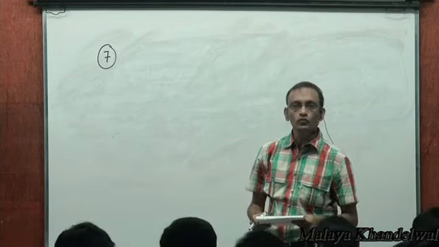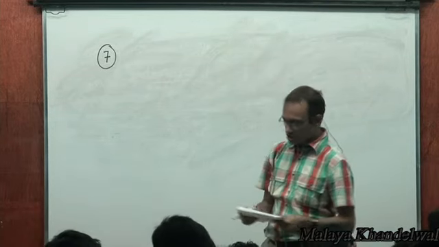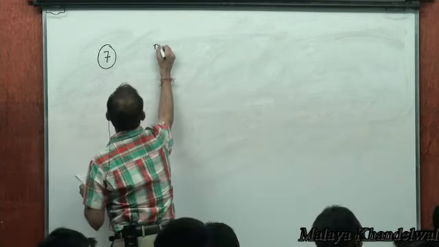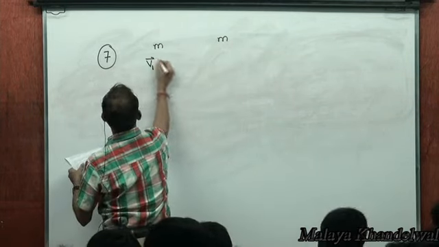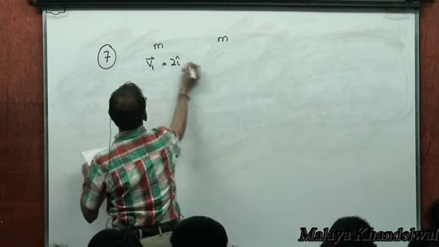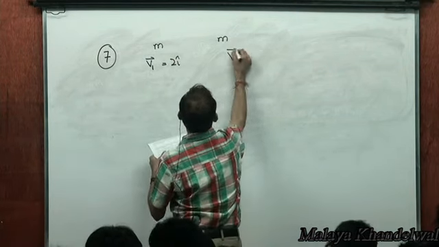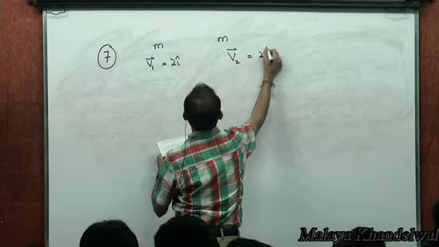Two particles of equal mass have velocities V1 equal to 2 i cap meters per second, and V2 equal to 2 j cap meters per second.